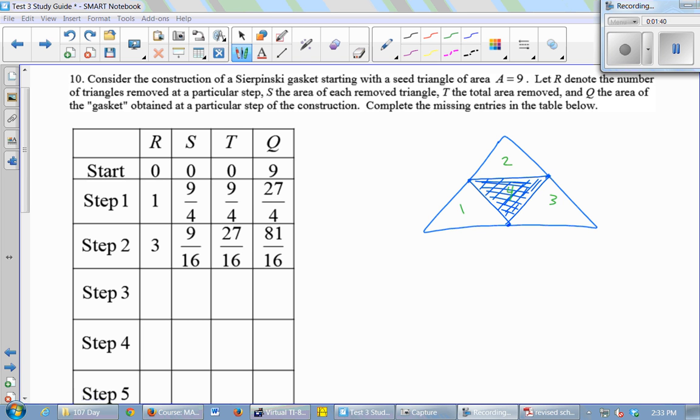And then the total area removed is 9/4, because I just took out 1 triangle that had area 9/4. So then my area that's left after I remove that middle triangle is going to be 9 minus 9/4, the previous area minus what I took away. So 9, that would be 36/4 minus 9/4 is 27/4.